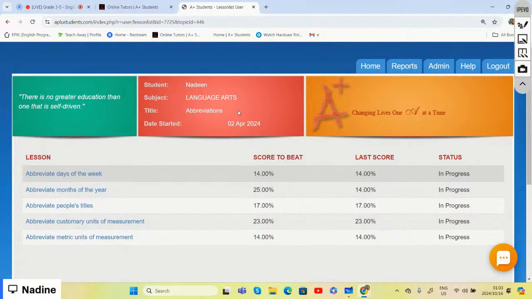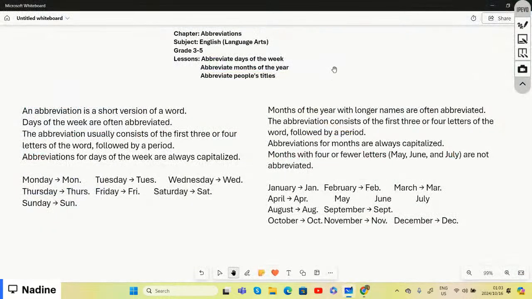So, the chapter is abbreviations. Our subject is English Language Arts.